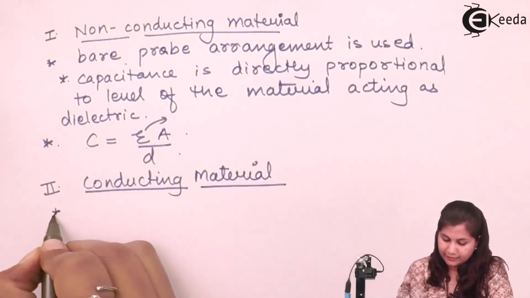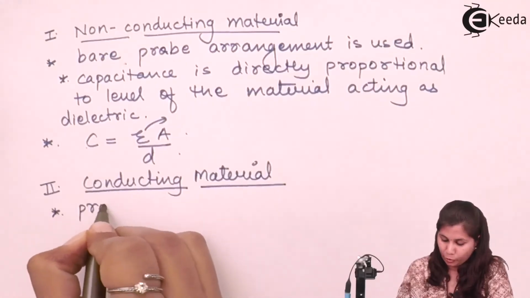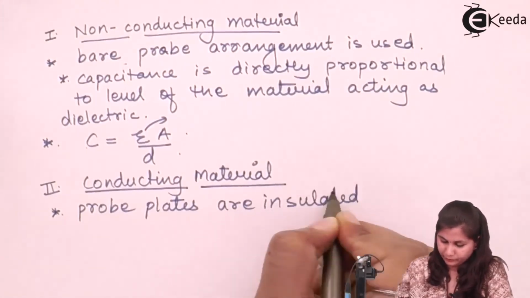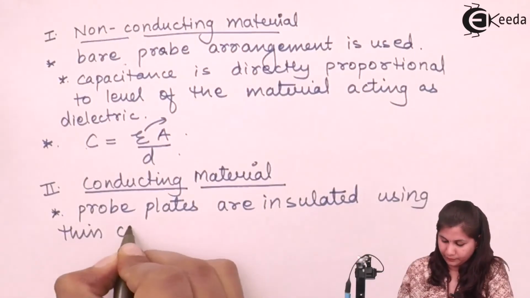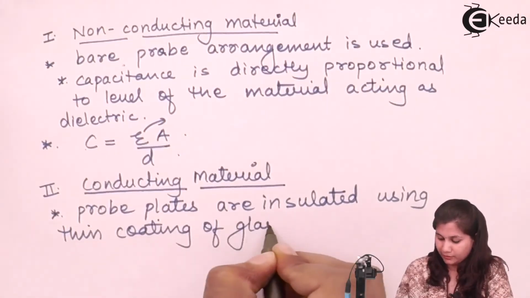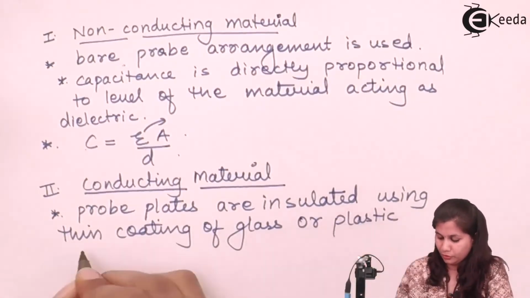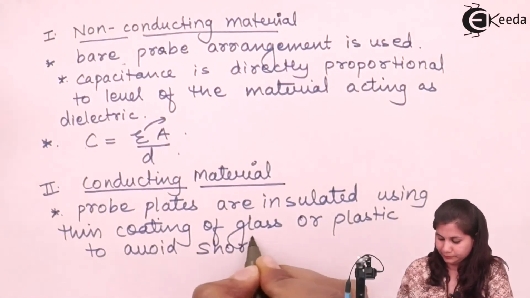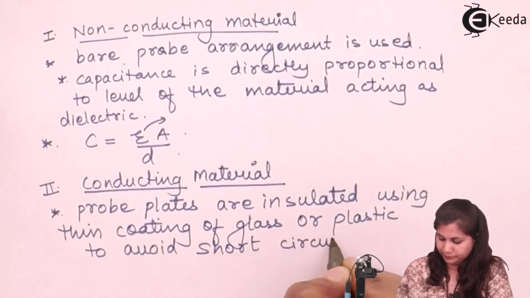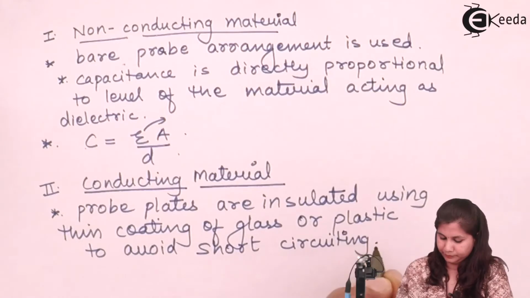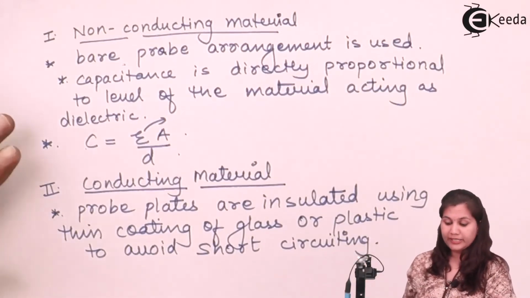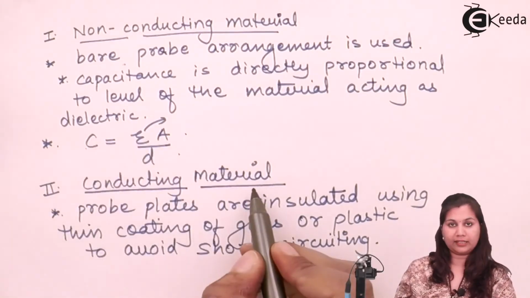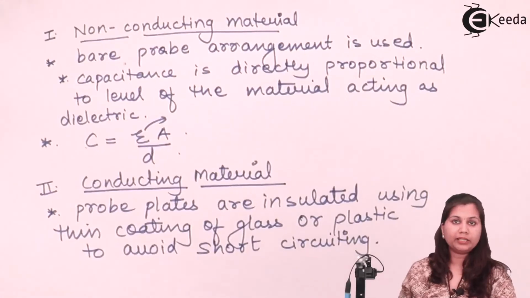So in this case, probe plates are insulated to avoid short circuiting. Okay, so in the case of non-conducting material, no insulation is required for the probes, but for the conducting material, the probe plates have to be insulated.